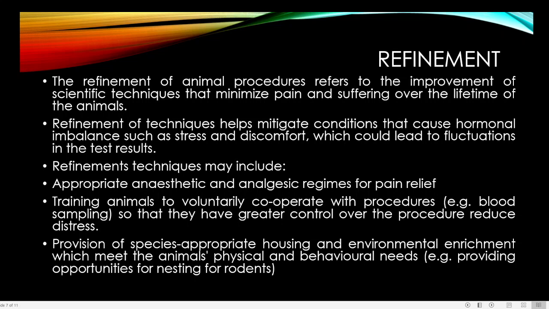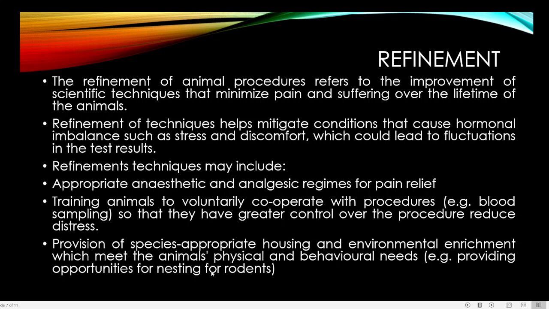That is also done by using certain domesticated animals, by training the animal properly, so that they may not resist the blood taking procedure. Otherwise, if you are simply tying the animal's legs and hands and taking the blood, that is a more cruel way. Just like human beings cooperate with the nurse to take blood, if the animals are also trained in such a way, they may not experience too much psychological discomfort.